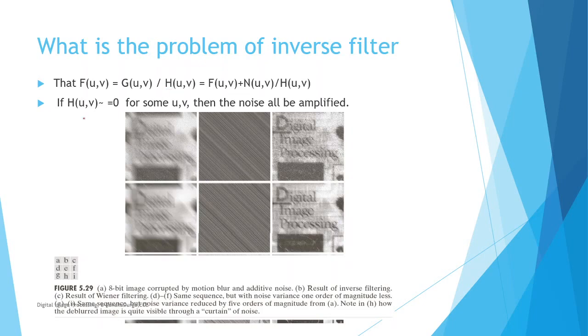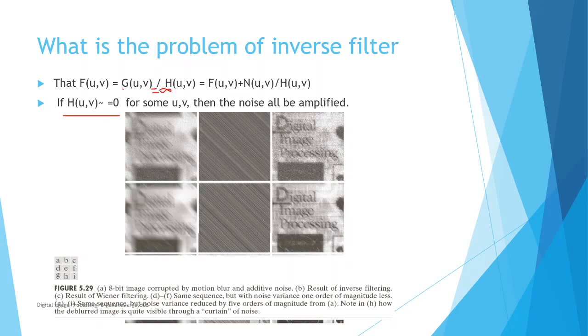Sometimes, if H of u comma v is equal to 0, then F of u comma v equals G of u comma v divided by 0, so it goes to an infinite value.